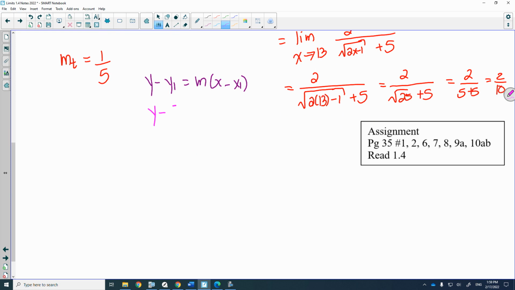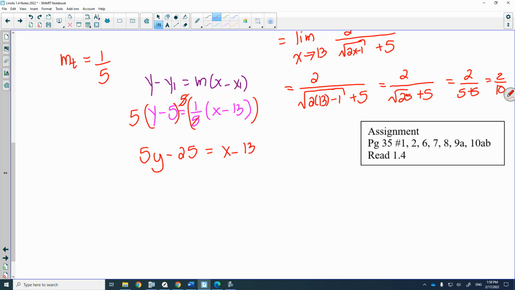So y minus 5 is equal to 1/5, and then it was x minus 13. From here, I'm going to get rid of that denominator of 5. So I'm going to multiply this side by 5, and I'm going to multiply this side by 5. And I would get 5y minus 25 is equal to, this will cancel, and I'm distributing in from here a 1. So I'm going to have x minus 13.